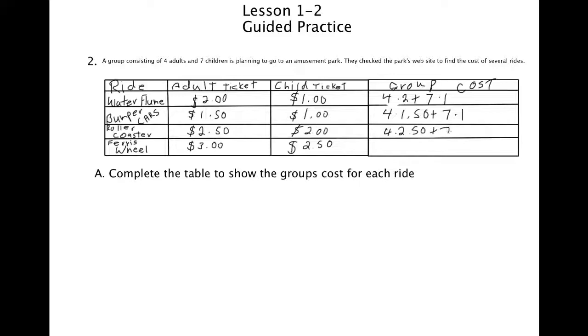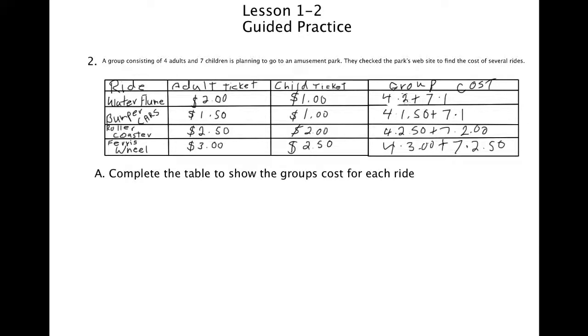Plus 7 times, what's the cost? And then lastly, we've got the Ferris wheel, 4 times that cost, plus 7 times the cost there. Okay, so now we've got this table filled out.